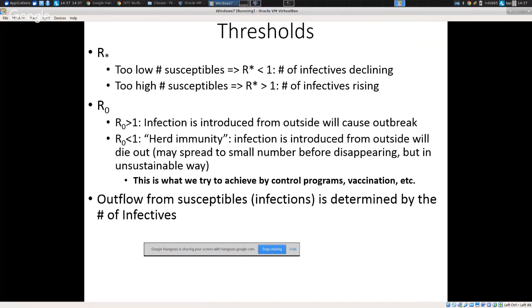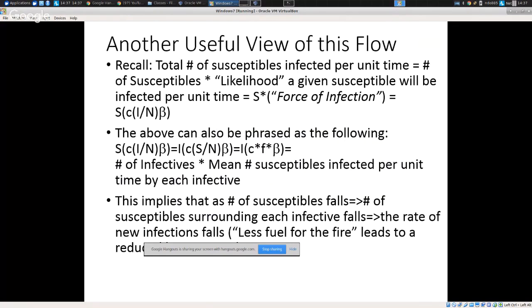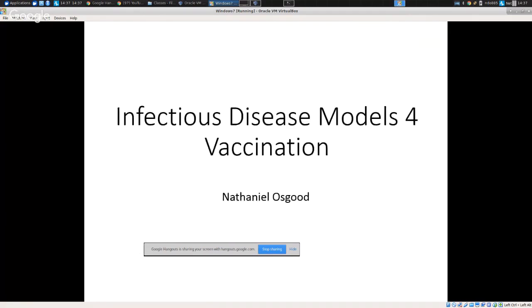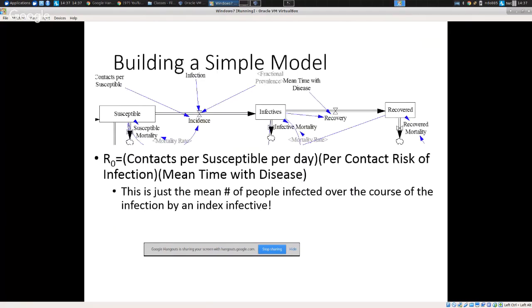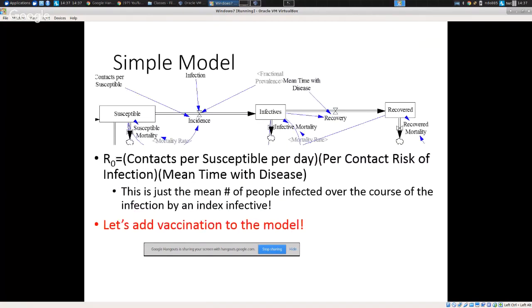And we computed this quantity, R star, which is called the effective reproductive number, which basically tells us how many people a given infective will be infecting right now.